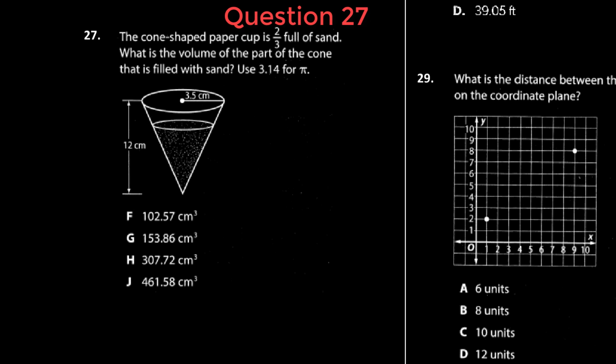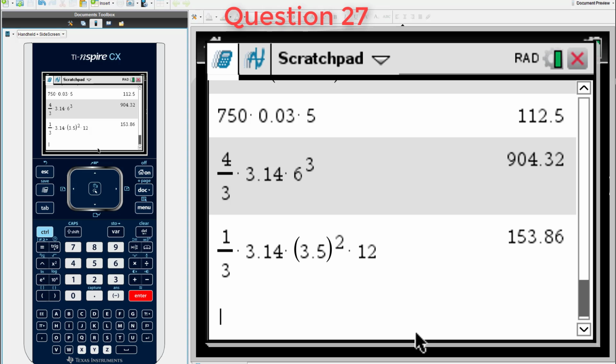On question 27, we are given a 2/3 full cone. So the volume of the cone formula is 1/3 of the base area, which is a circle's area, times the height, which is indeed 1/3 times pi r squared times 8. So let's use this formula to get the volume of the cone.